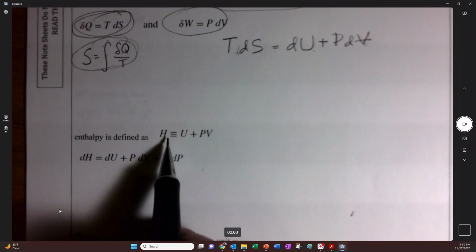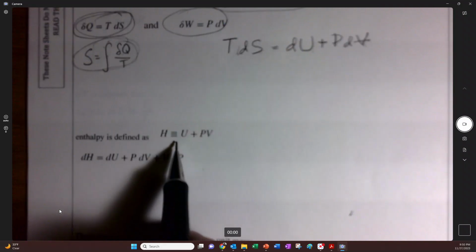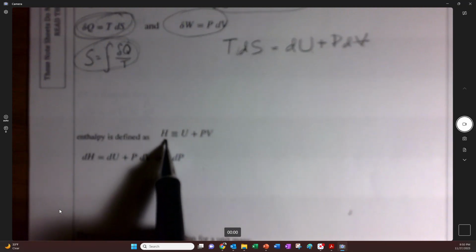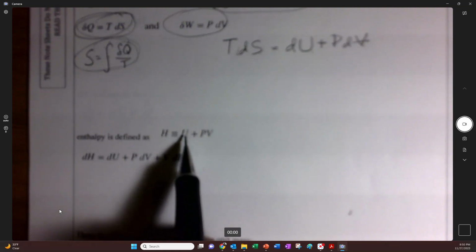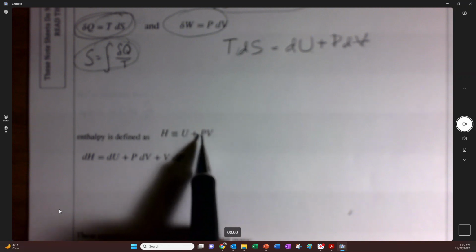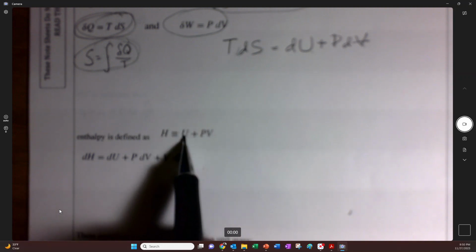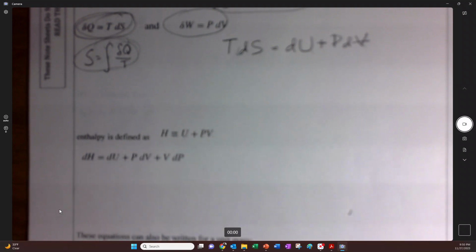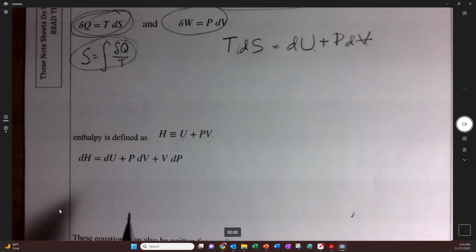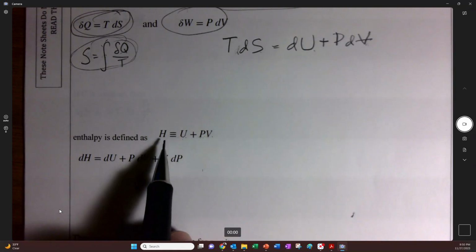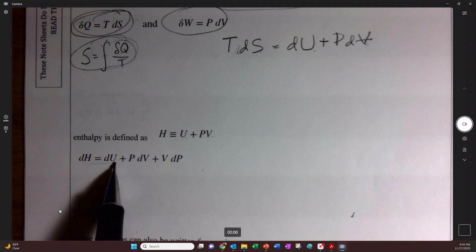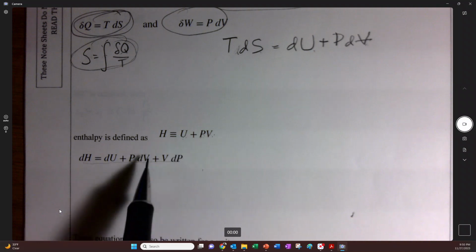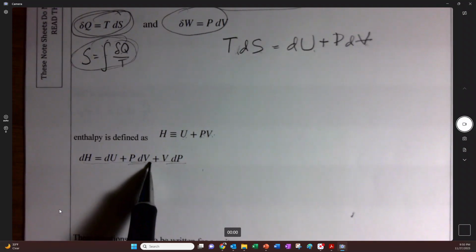Another approach to putting together the other Gibbs equation is to look at the definition of enthalpy, capital H is equal to capital U plus PV. This is internal energy, and we can think of PV as flow work. We can take this in differential form, taking the derivative, and since both P and V can change, we need to do the product rule.